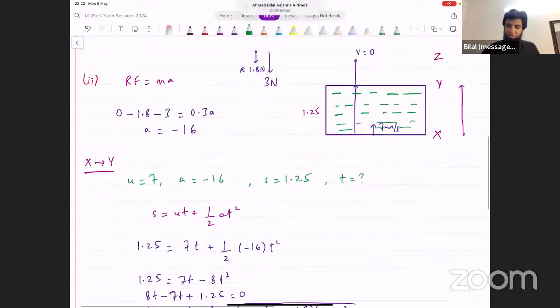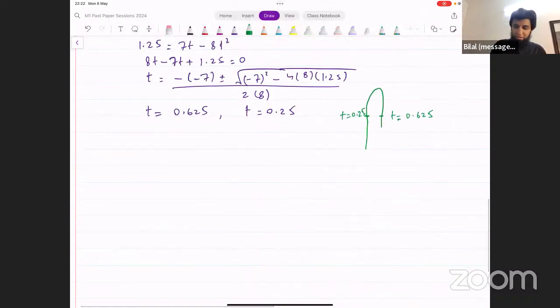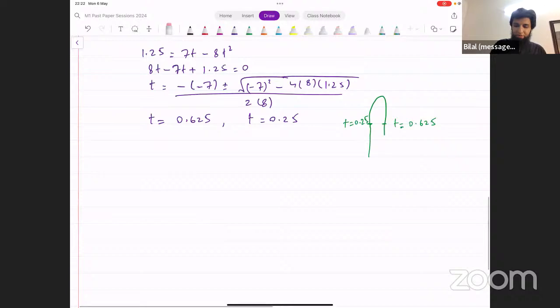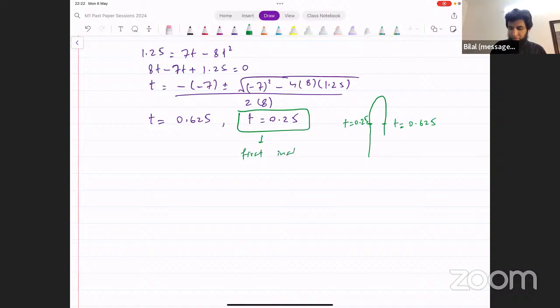We have to consider the first time instant when that happens, the first instant when it reaches the surface.